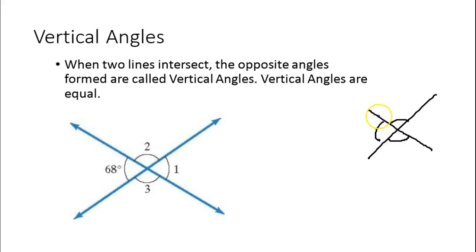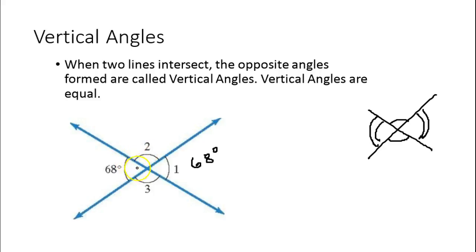And this angle and this angle are vertical angles. Vertical angles are equal. In other words, if you were given the following and asked to find angles 1, 2, and 3, first of all, I would look across from 68. And I know that angle 1 there is 68 degrees because angle 1 is vertical to 68 degrees.